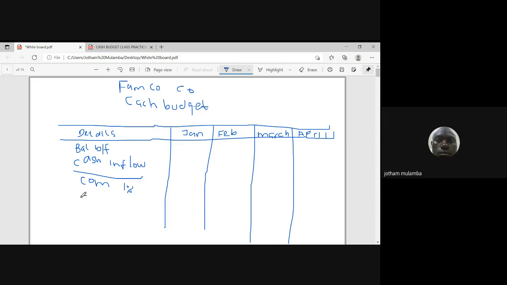Then we had another commission, 2%. Then we had sale of vehicle.